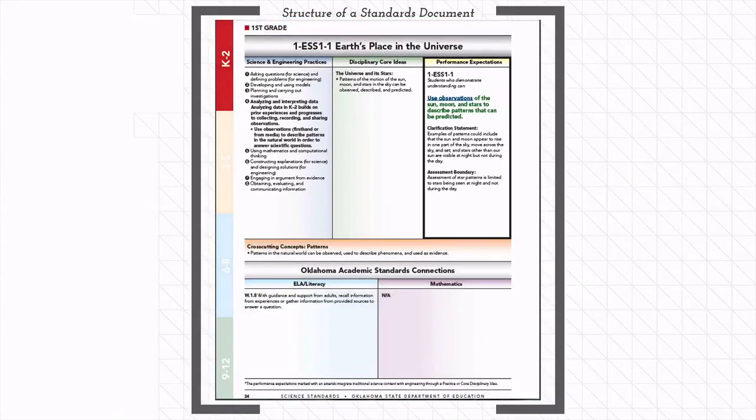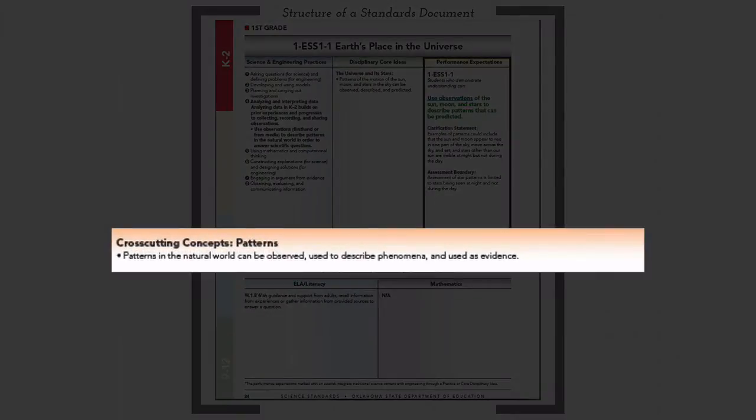Additional components of the standards document that you will see include a cross-cutting concept. Now, the cross-cutting concept represents common threads or themes that span across science disciplines. And they have value to both scientists and engineers because they identify universal properties and processes found in all disciplines.